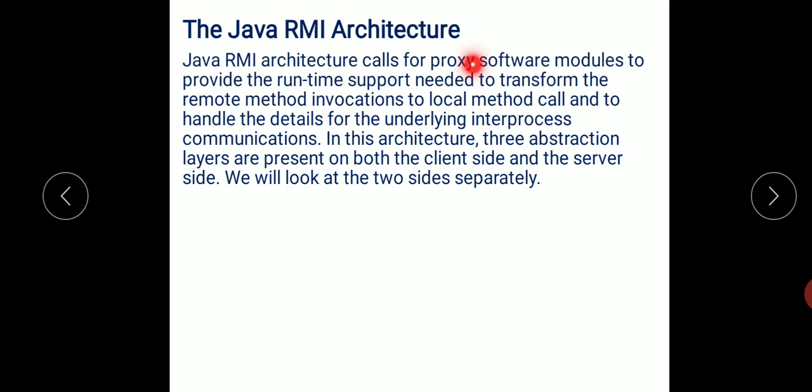This proxy software module provides the runtime support to transform the remote method invocations to local method calls. In Java RMI it is remote method invocation, so we need to convert the remote methods into local method calls at the server side.